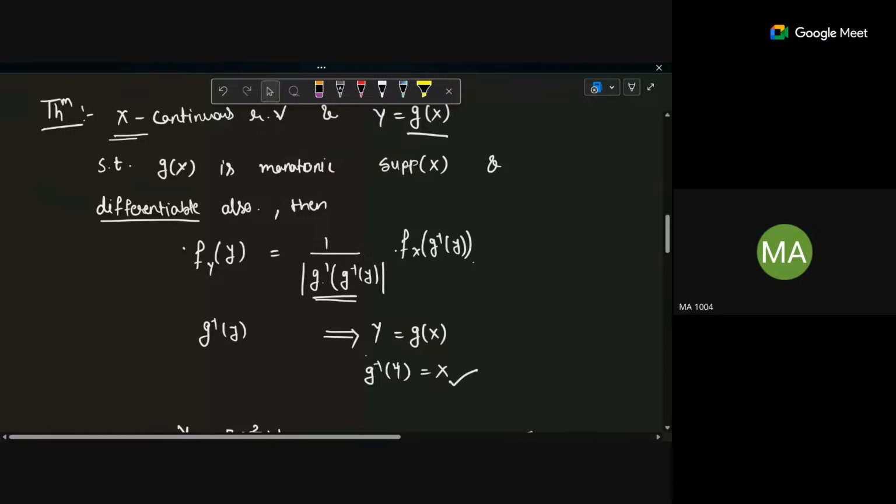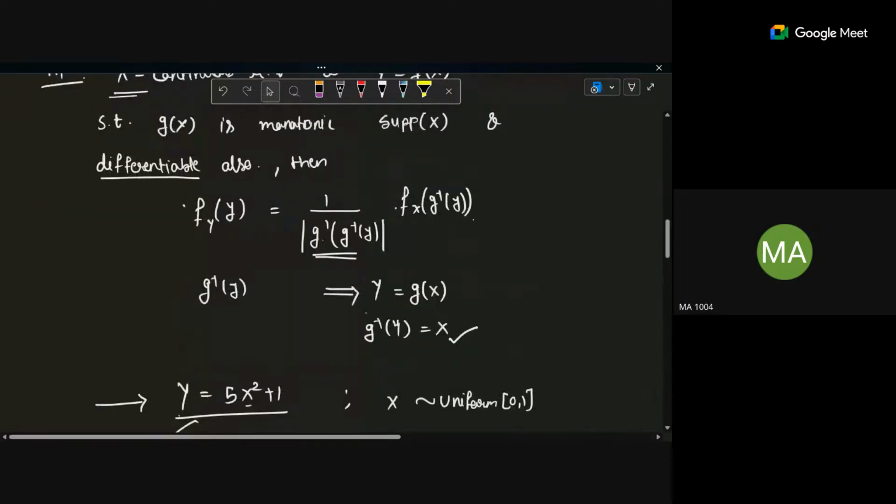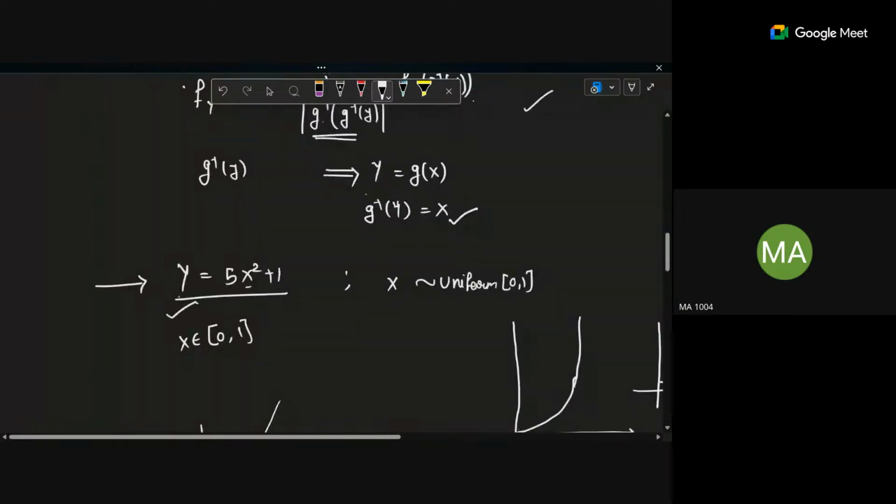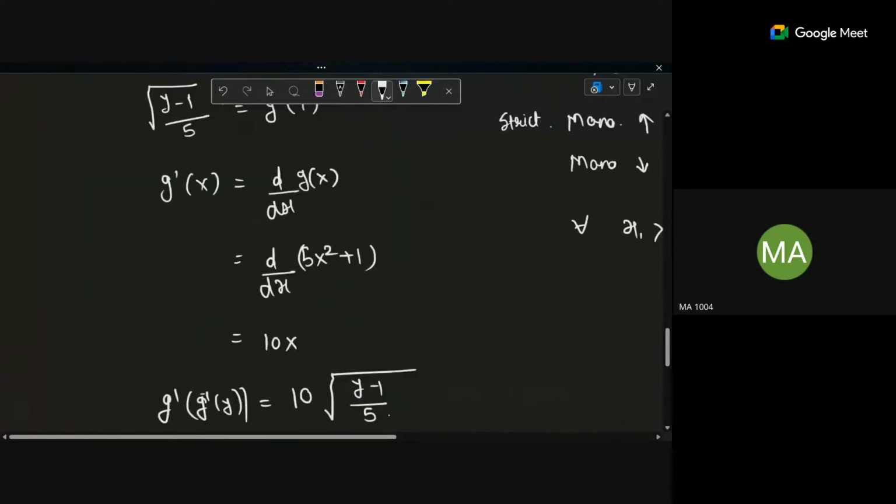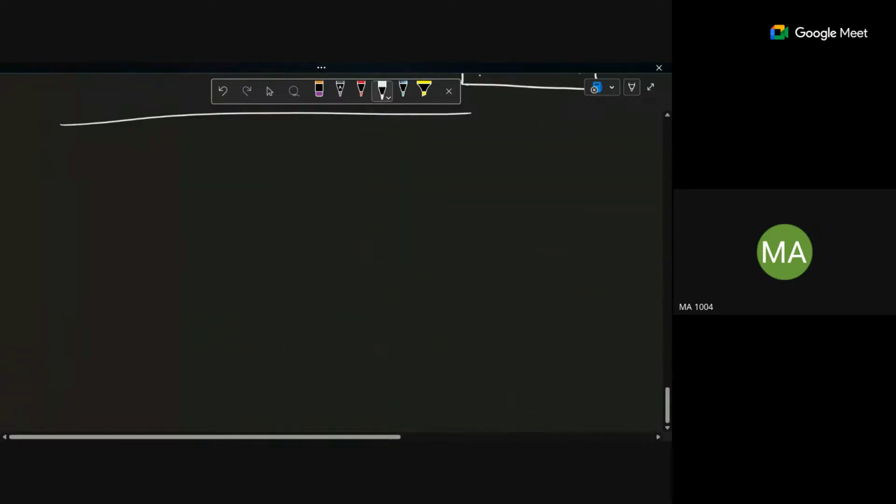So this is a direct thing you can do once you are confirmed that your g of x is monotonic and differentiable. Okay, so after that, the next thing is about the expectation of a continuous random variable.